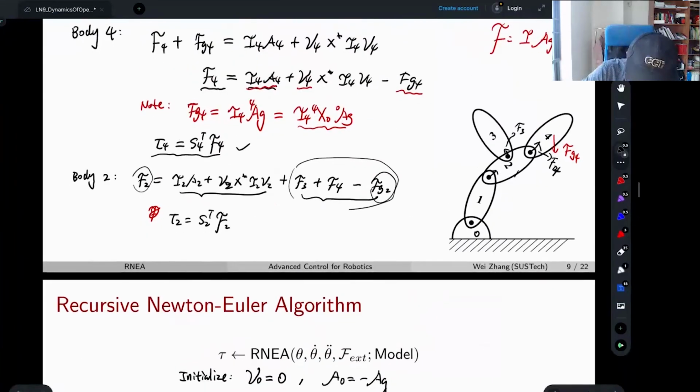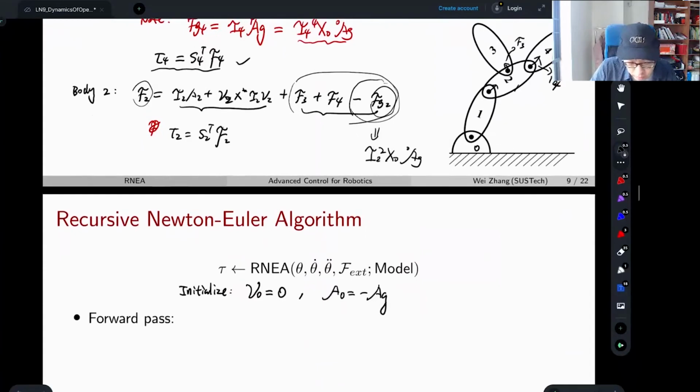Because this part is the inertia of body 2, let's say, times X0 to 2 AG0. So you need to take care of this.